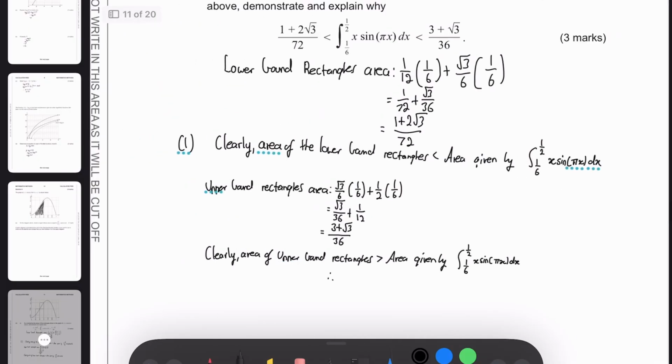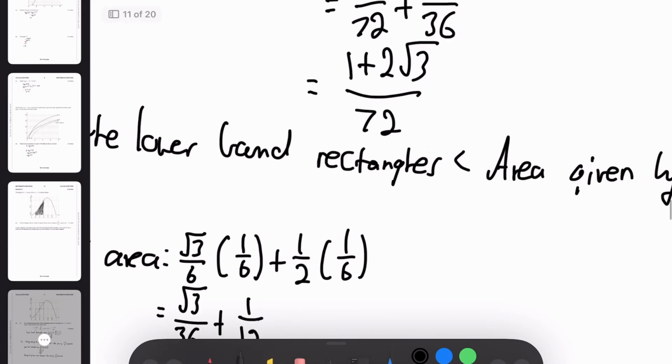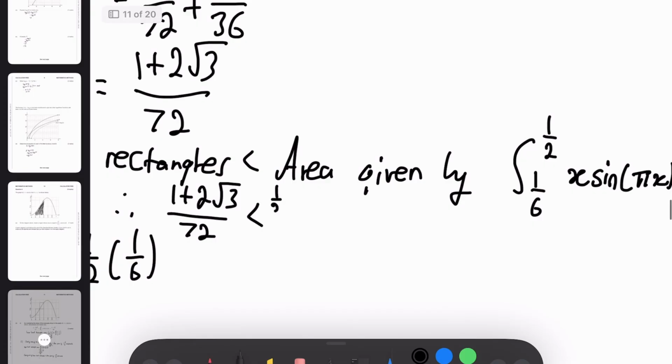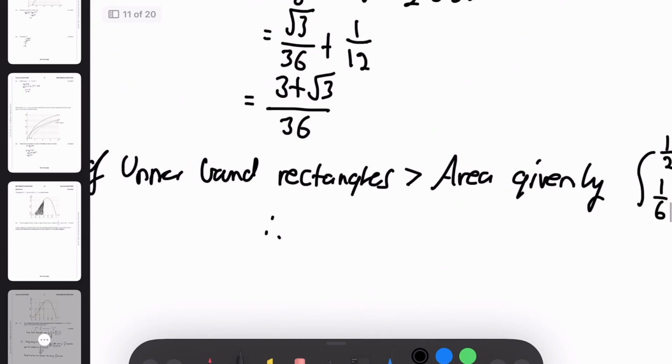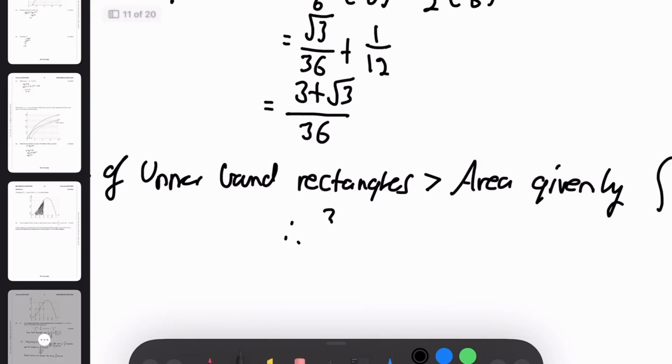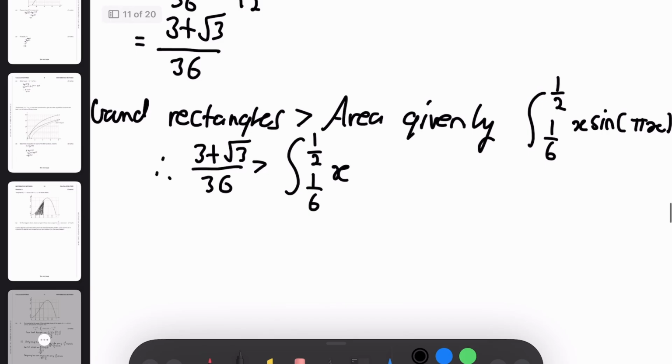And you can see therefore, oh, I didn't write it here either. Therefore, 1 plus 2 square root of 3 on 72 is less than the integral from 1 on 6 to 1 on 2 of x sine pi x dx. And then for here, it was going to be 3 plus square root of 3 on 36. It's greater than the integral from 1 on 6 to 1 on 2 of x sine pi x dx.